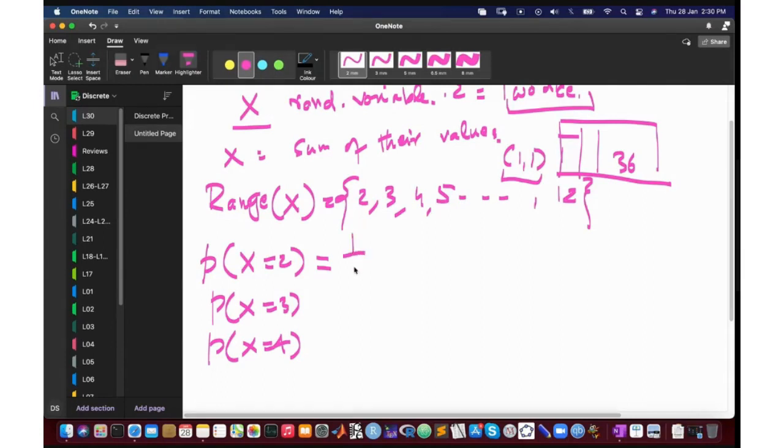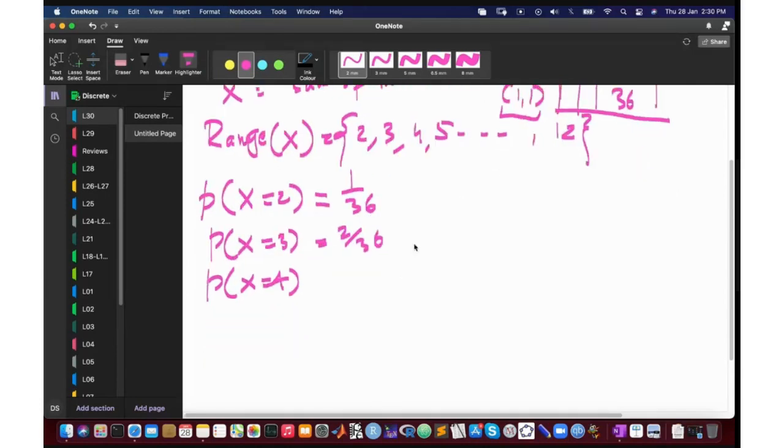So this is 1 over 36. What's the probability that it's equal to 3? 2 over 36. There are two possible ways to get 3: you can get 1 2, or you can get 2 1.